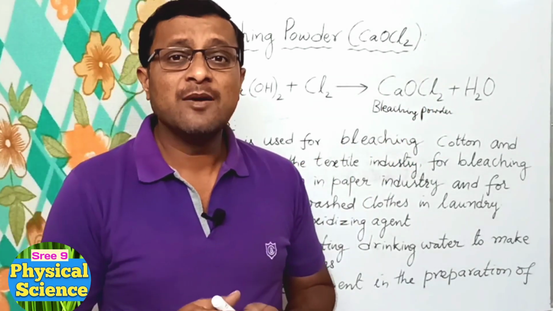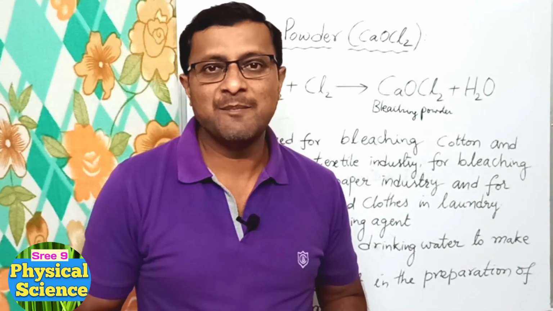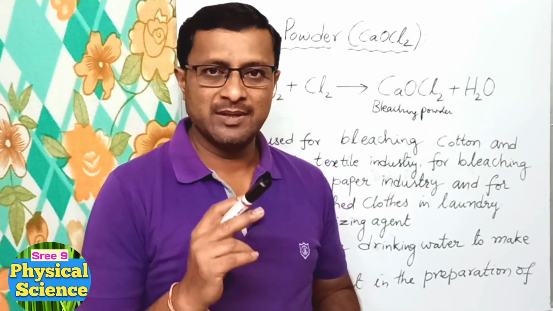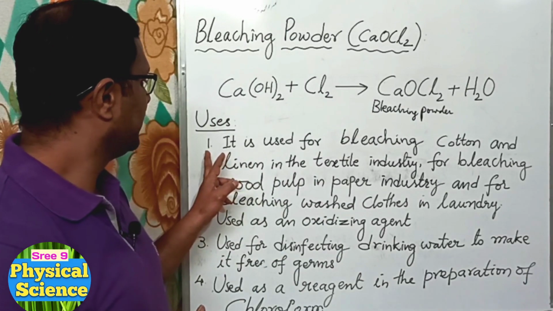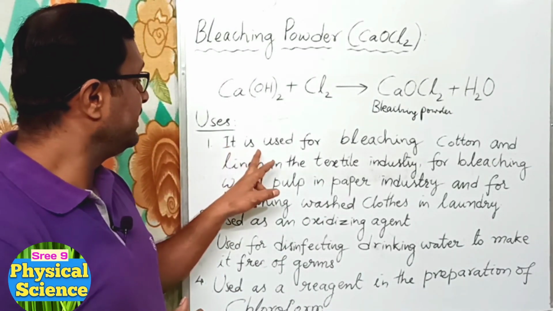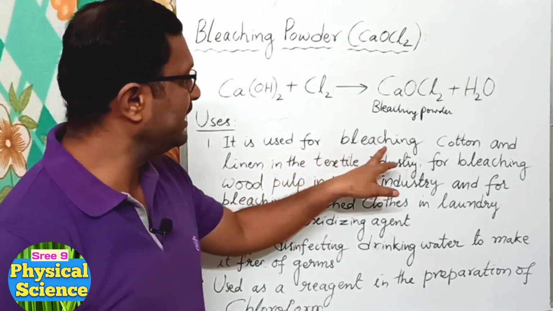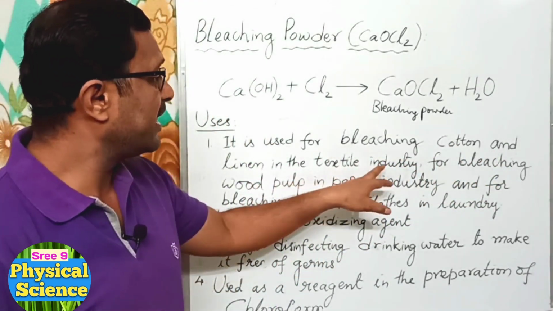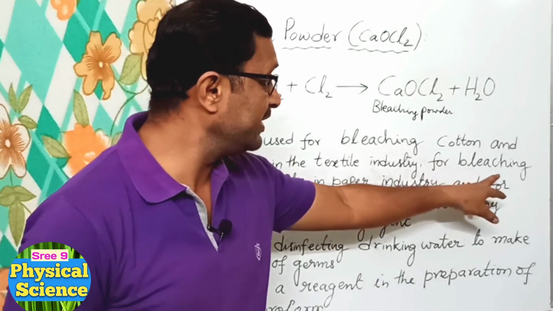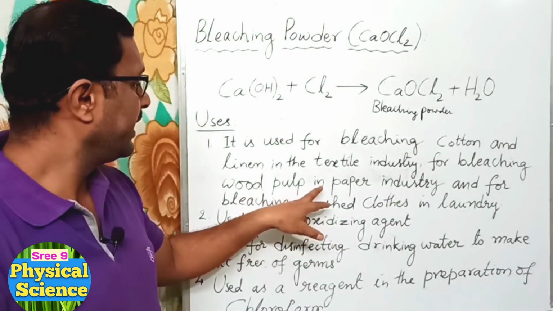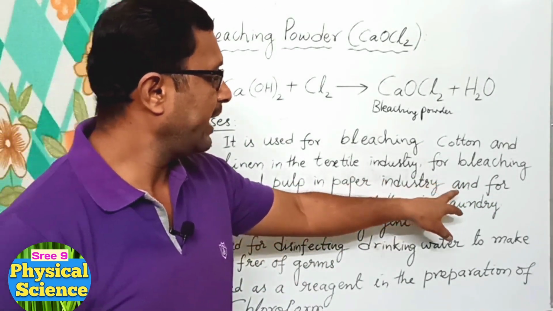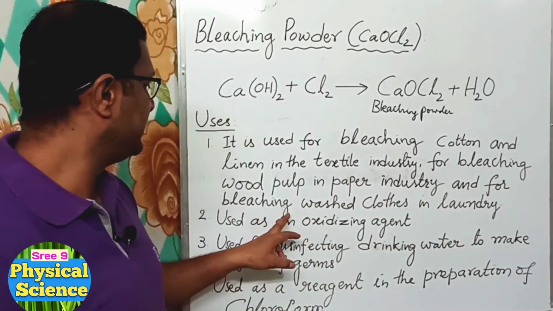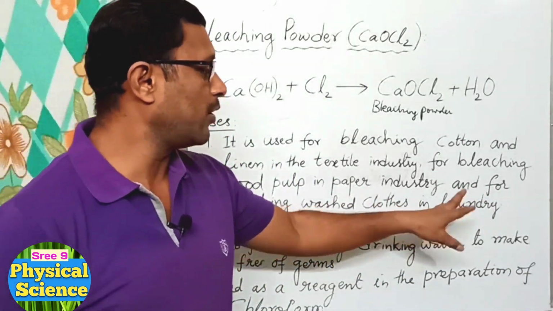Now let us see what the uses of bleaching powder are. The first use: it is used for bleaching cotton and linen in the textile industry, for bleaching wood pulp in the paper industry, and for bleaching washed clothes in laundry.